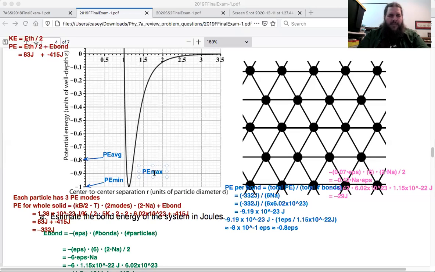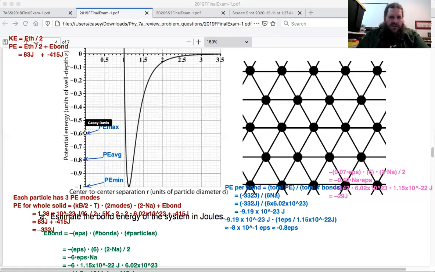Negative 0.6 epsilon. Yeah, negative 0.6 epsilon would work as potential energy max. And there are a few ways you can interpret this. One way is to literally just look at the negative 0.8 as the average of negative 1 and something. Negative 0.8 is halfway between negative 1 and negative 0.6.